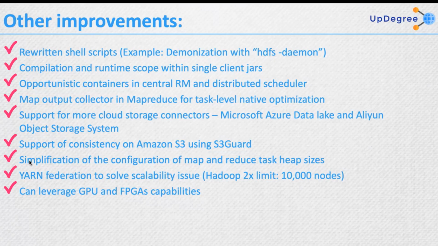Can leverage GPU, which is the graphical processing unit, meaning not only CPU, because the initial design of Hadoop was to use a single core on a machine, which we don't have anywhere nowadays. It's multi-core, with quad cores and octa cores, supporting running an application. Along with that, we can now do GPU processing and FPGA capabilities.